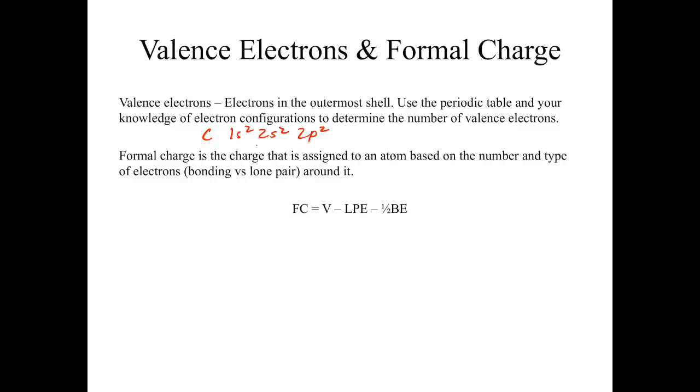So we know that carbon has a total of 2, 4, 6 electrons, and these 4 outer electrons form the valence electrons. The valence electrons are going to be in the outermost shell, which is the second shell for carbon, and we get a total of 4 valence electrons for carbon.